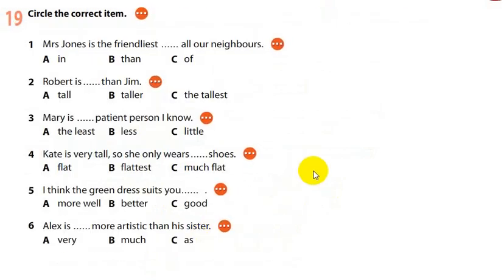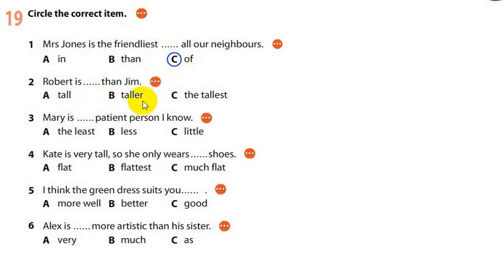Next, I want to do a short test with you. So just choose one of three variants. Mrs. Jones is the friendliest of all our neighbors. Friendliest of all. Robert is taller than Jim, compared to people with comparative.